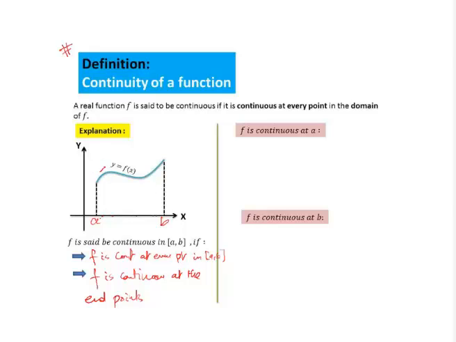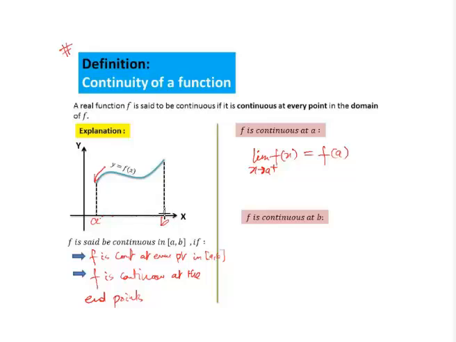So we find the right hand limit. When x approaches a from the right, this right hand limit should equal f of a. So f is said to be continuous at a if the limit of f of x as x approaches a from the right equals f of a.